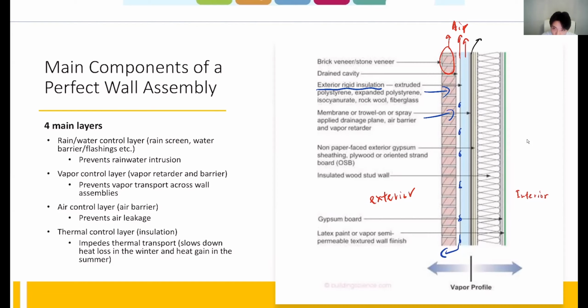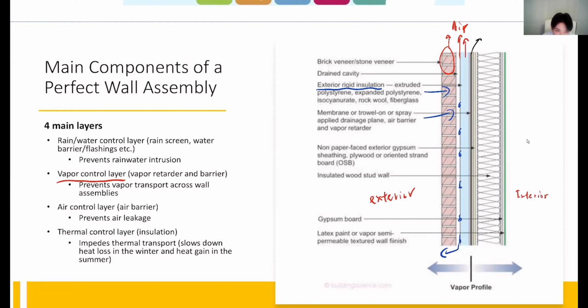We don't want those. So this layer is a vapor impermeable and water impermeable layer that's going to stop water and vapor from coming into our space. So it's a vapor control layer, often referred to as a vapor retarder or vapor barrier.